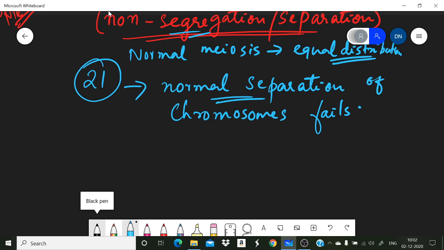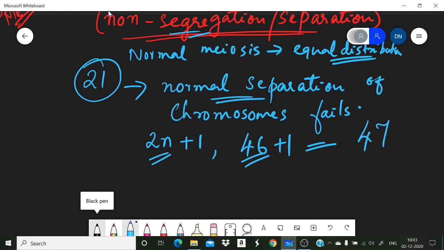So that is trisomy 21. It is an autosomal genetic disorder caused by an extra chromosome at the 21st position, and the number of chromosomes can be represented as 2n plus 1. 2n is the normal number, 46, plus 1, an addition. So in individuals with trisomy, how many chromosomes are there altogether? 47. That is an abnormal condition.